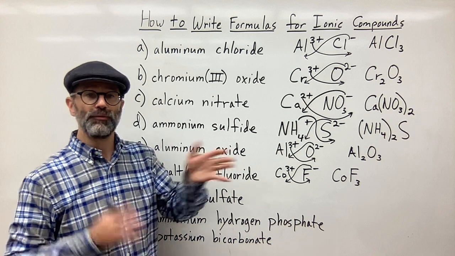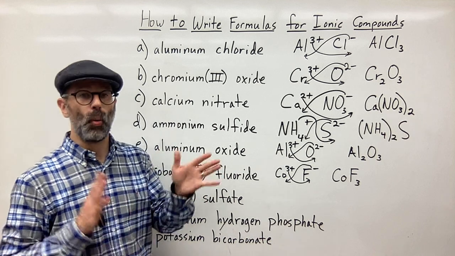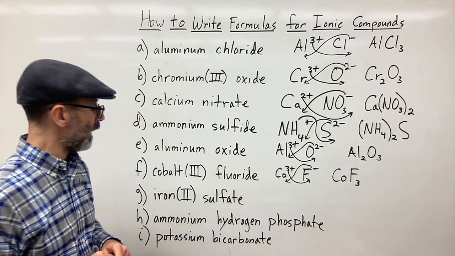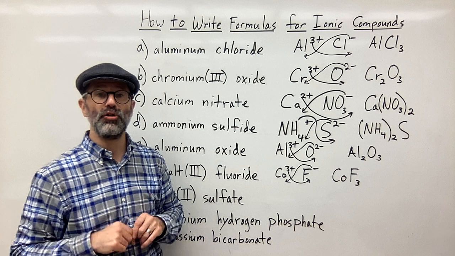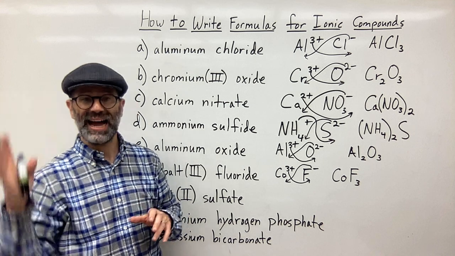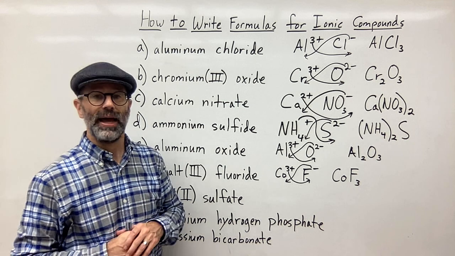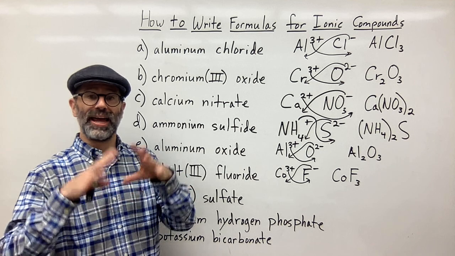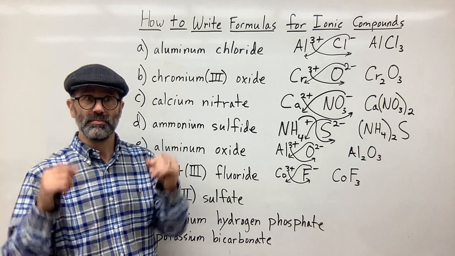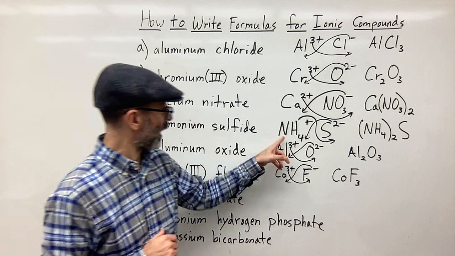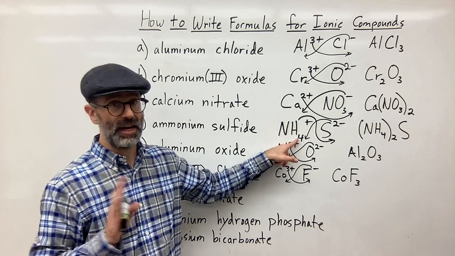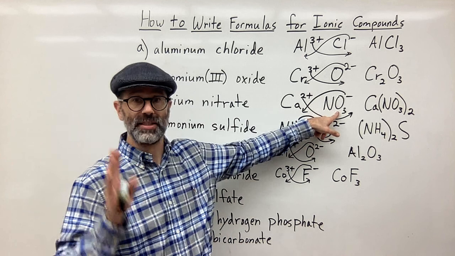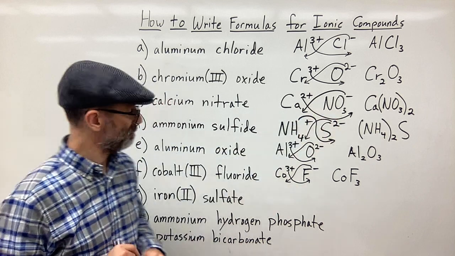If you get 2 to 4, then you're going to need to reduce that to a 1 to 2 ratio and change the subscripts. And make sure that if you have parentheses, you're using the subscript that's outside the parentheses. And don't reduce any of the subscripts that are part of a polyatomic ion. So for example, NH4, you don't change that 4, right? Or if you have NO3, that 3 stays a 3. You're not going to reduce that.